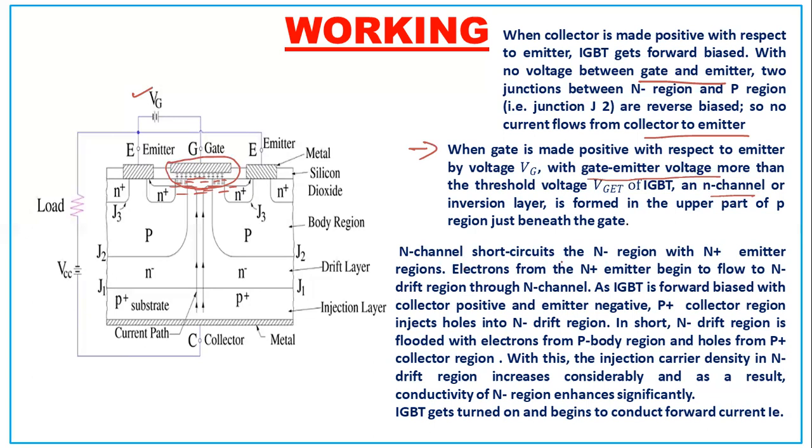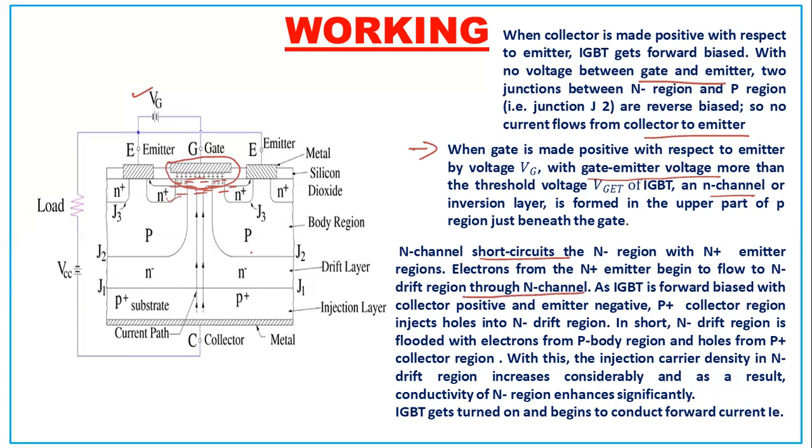So the N channel short circuits, that's what I'm saying. The N channel then short circuits the N minus region with the N plus emitter region. Okay, the N plus emitter region and N minus region become a short circuit, and electrons from the N plus region begin to flow to the N minus drift region through the N channel.